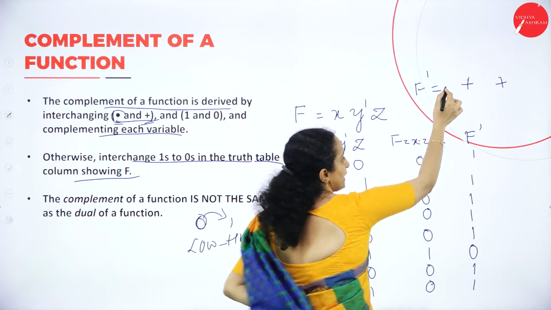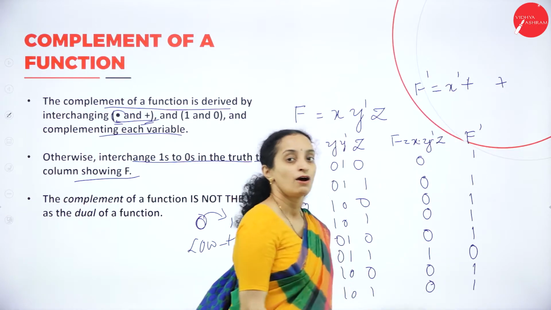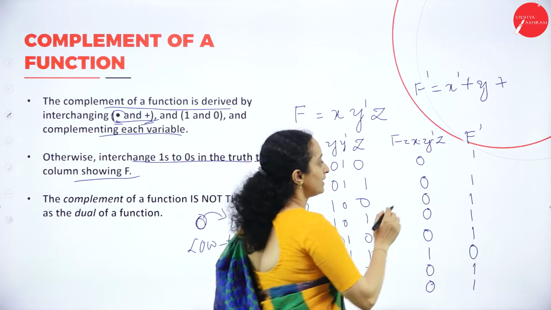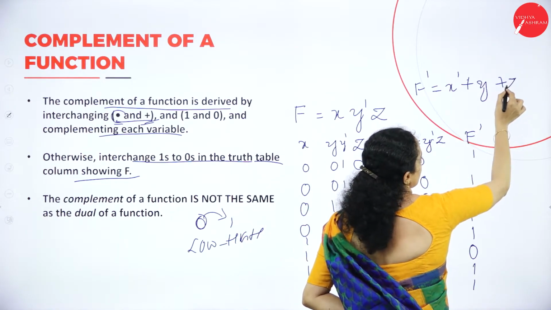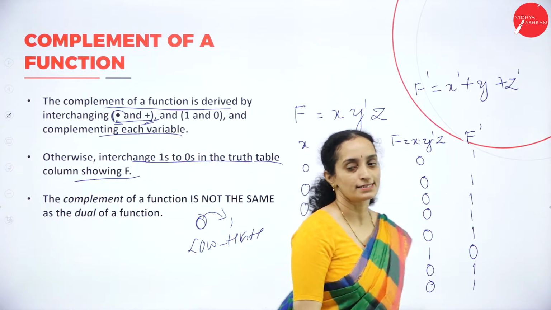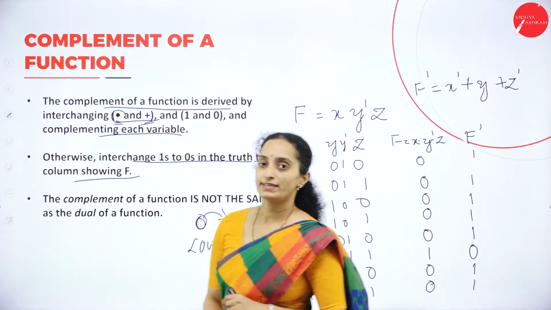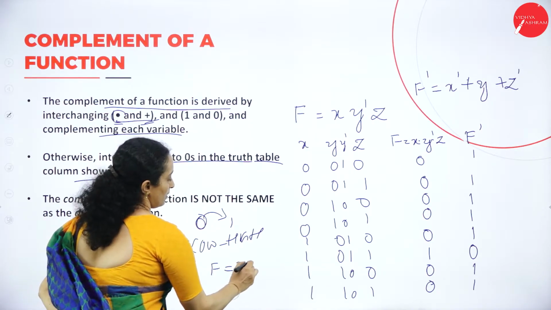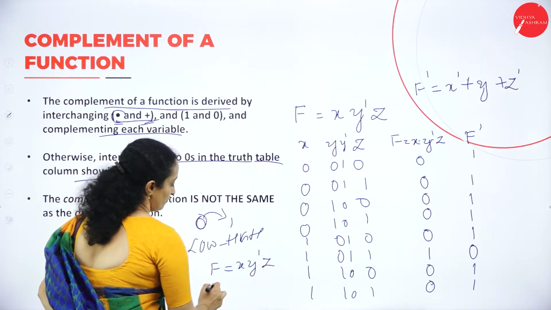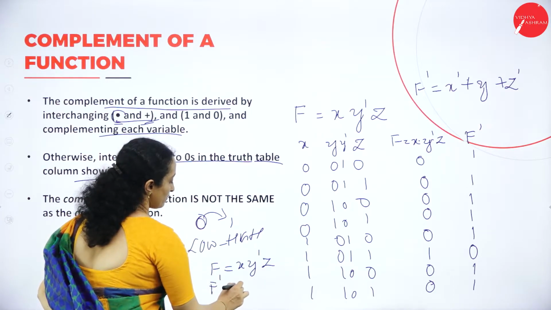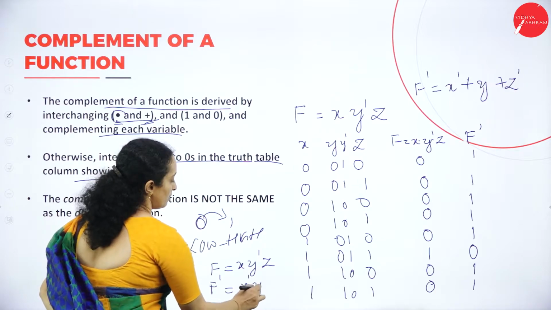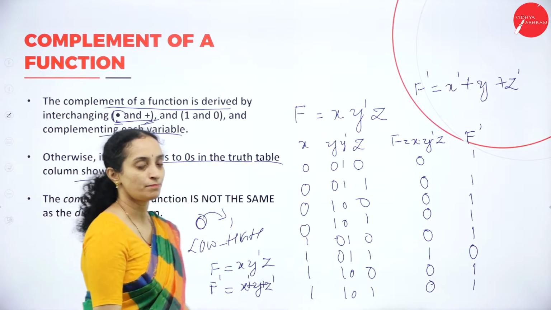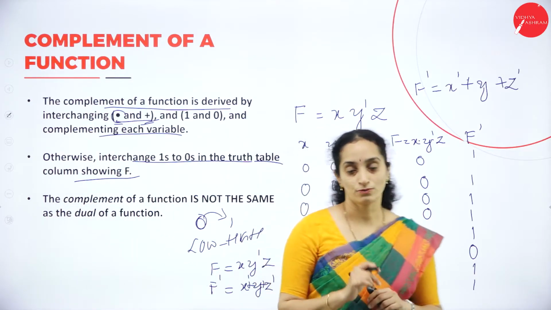X will be represented as x dash, y dash will be represented as y, and z will be represented as z dash. Okay, so the complement of f will be x dash plus y plus z dash.